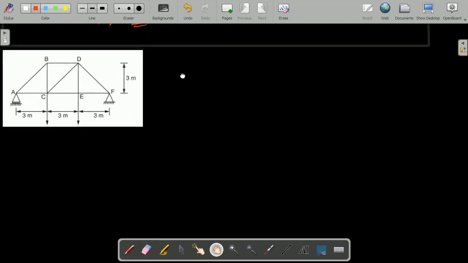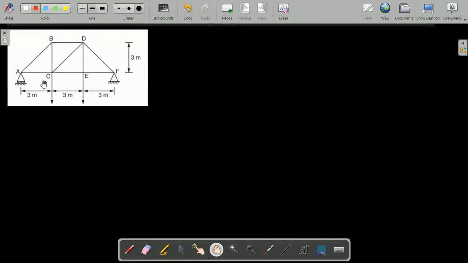The same problem is there, I have just copied the figure, you just observe. I am going to consider the point A, I will write here: consider joint A. I am going to consider the joint A first.